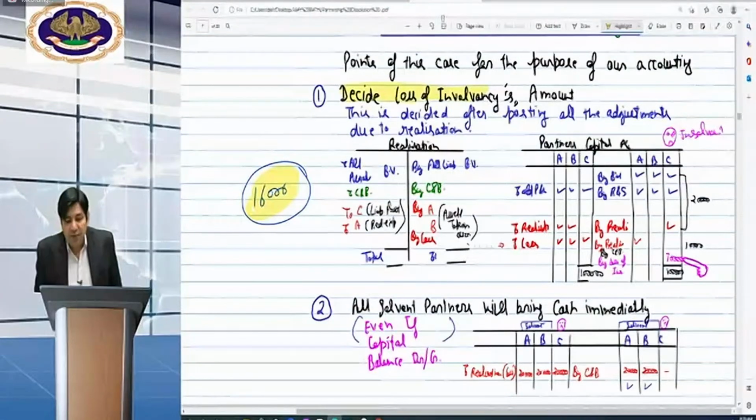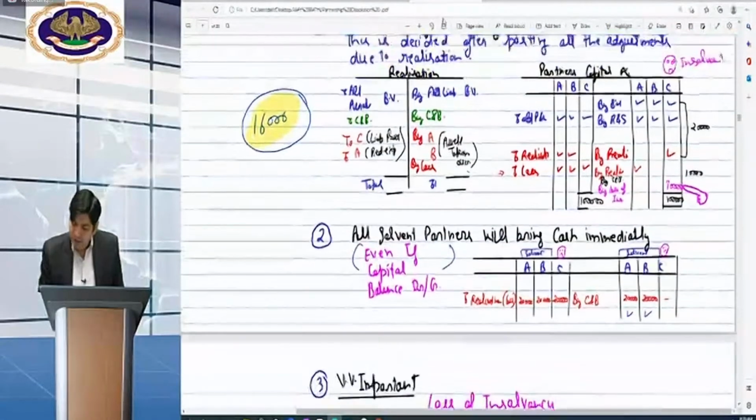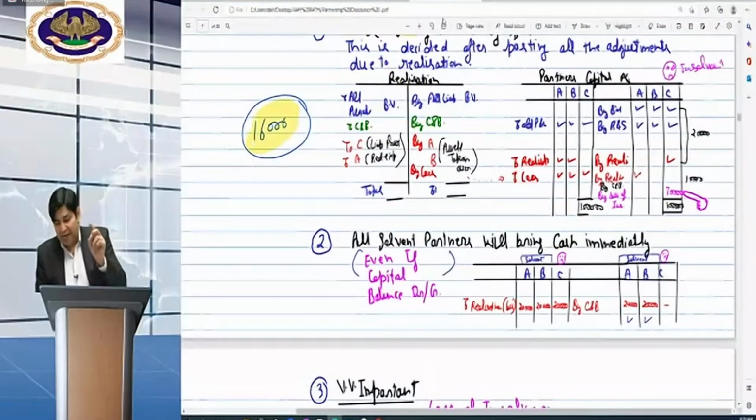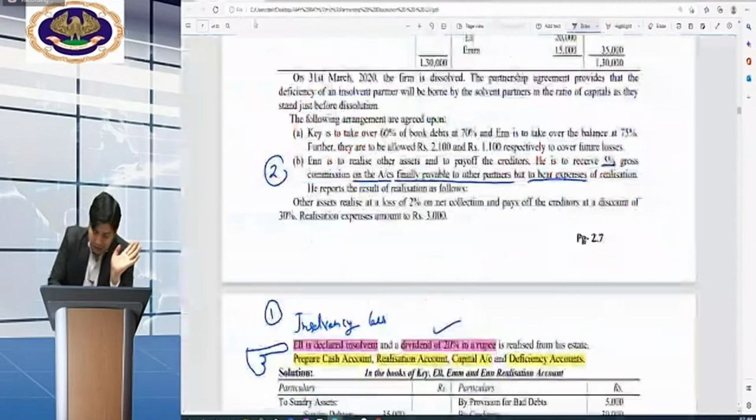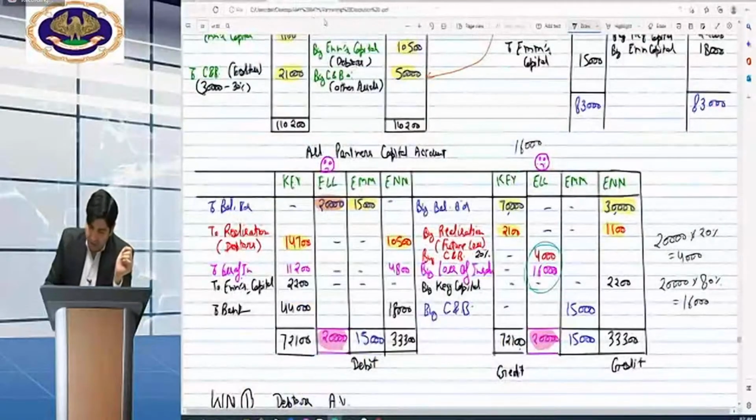Now, all the solvent partners will bring the cash of realization loss immediately, but there is no profit or loss on realization. If a loss is there for realization and that has been shifted to the partners' capital accounts, that will be brought in cash. But no such amount is there. No, nothing is there.